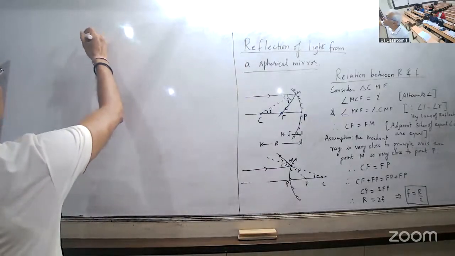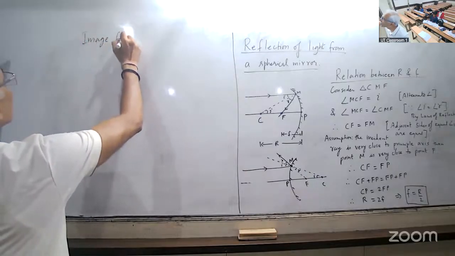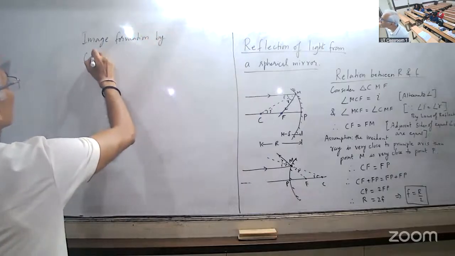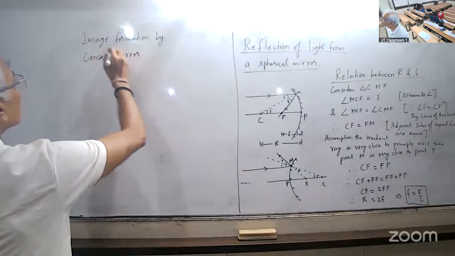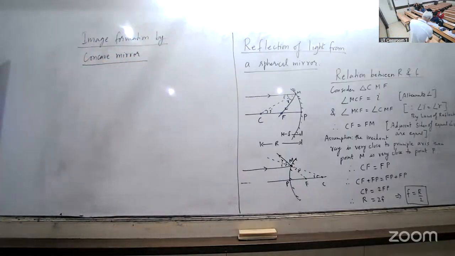Next is image formation by concave mirrors. There are about 6 or 7 cases, right?